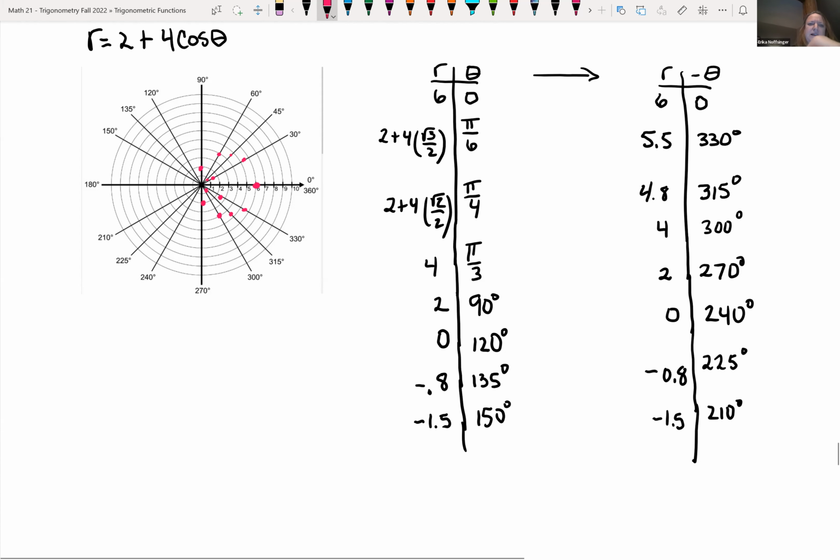Let's also see what we get at 180 degrees. So 180 degrees, I know my cosine value is negative, so I have 2 plus negative 4, which is negative 2. So at 180 degrees, I'm going to go across to 2. So let's look at the graph of this.